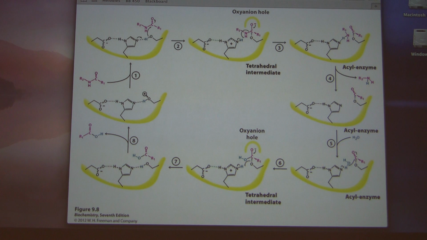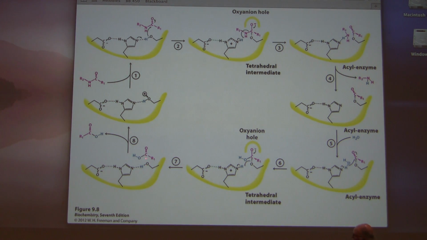It took longer to say it than it obviously would take to do it. In the second step of the process, water comes into the active site. It is activated to be a nucleophile by the same histidine that we saw before, and the resulting OH attacks the carbonyl carbon, the very same carbonyl carbon as before. But now the bond it's breaking is that between the carbonyl carbon and the serine side chain.